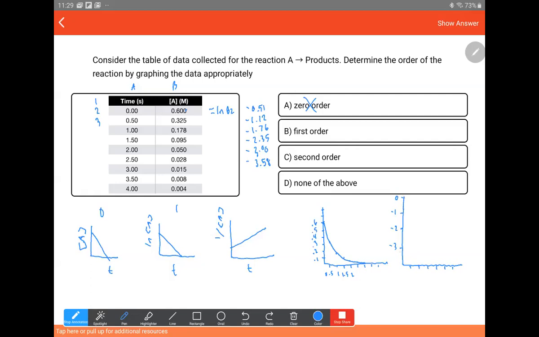So we start out at negative 0.5. Then we go to negative 1.1, negative 1.7, negative 2.3, negative 3, negative 3.6.